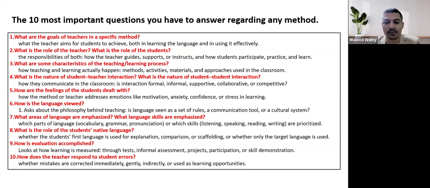Is interaction formal, informal, supportive, collaborative, or competitive? And number five, how are the feelings of the students dealt with? It means how the method or the teacher addresses emotions like motivation, anxiety, confidence, or stress in learning.